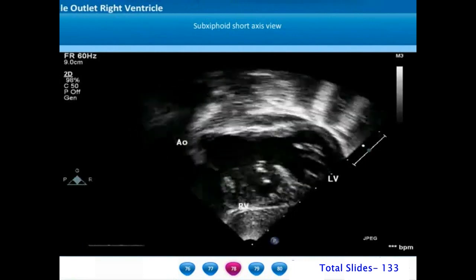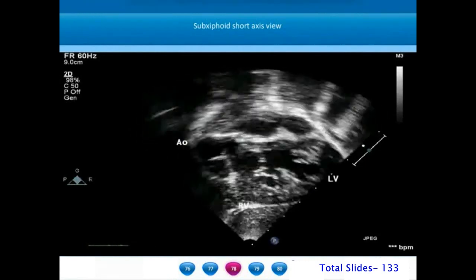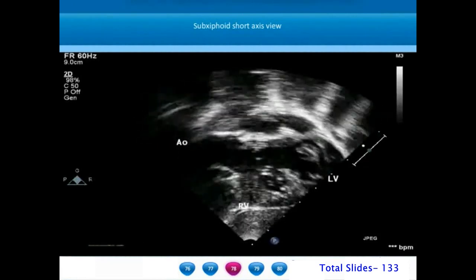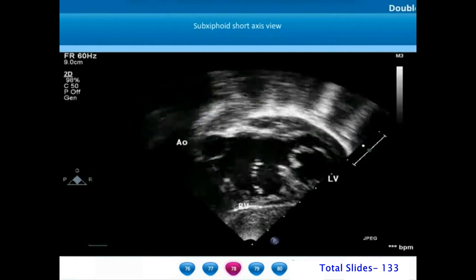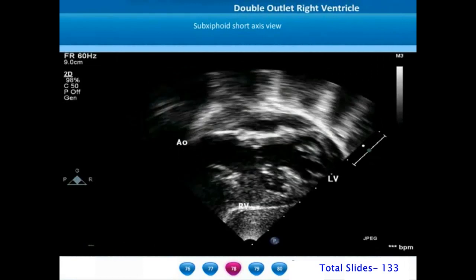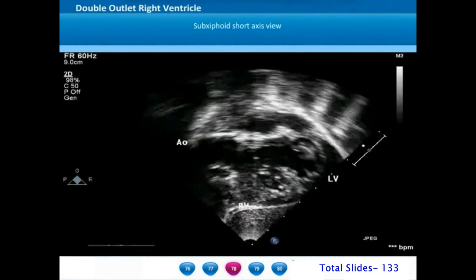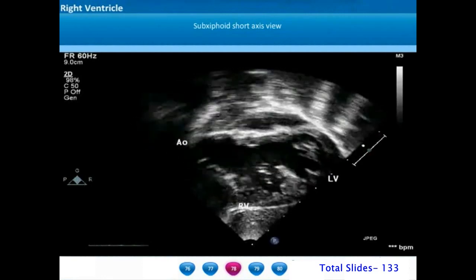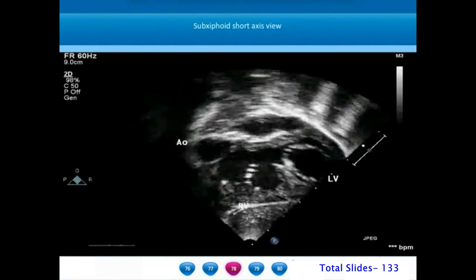This subxiphoid view clearly indicates that the ventricular septal defect is located between the aortic and the pulmonary valves. So this inlet ventricular septal defect is far remote from the aortic annulus. We can also notice the long conal attachment of the tricuspid valve chordae, which will come in the pathway of the left ventricle to aorta tunnel.